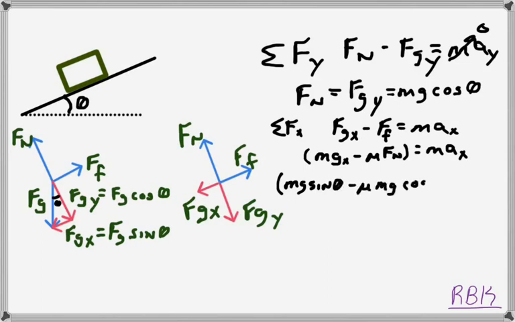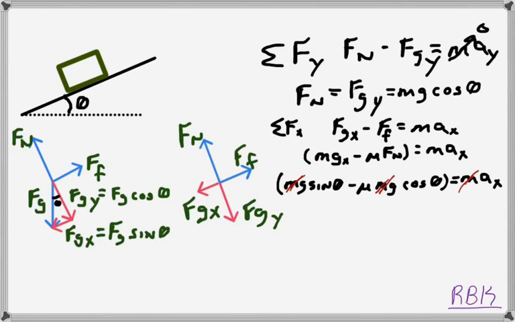Now I'm going to plug in, and one advantage of plugging in more stuff is you can see that the masses cancel out, which is kind of a cool result, because it turns out that on a slope, the only thing that determines its acceleration down the slope is the coefficient of friction. The mass of the object actually doesn't matter at all, which is kind of nice.